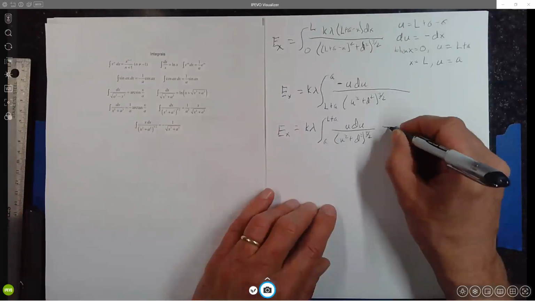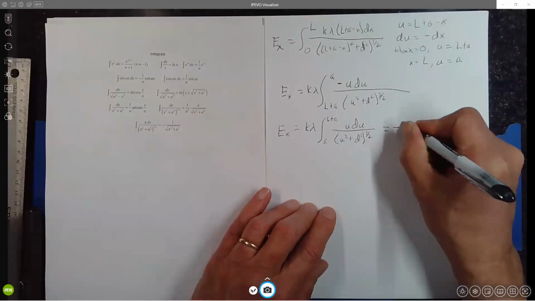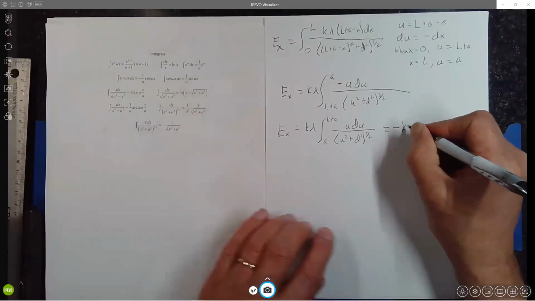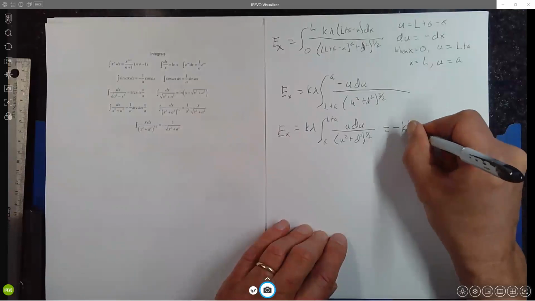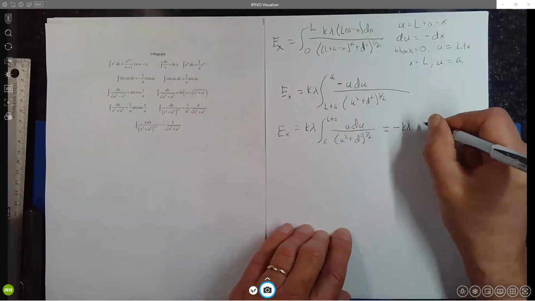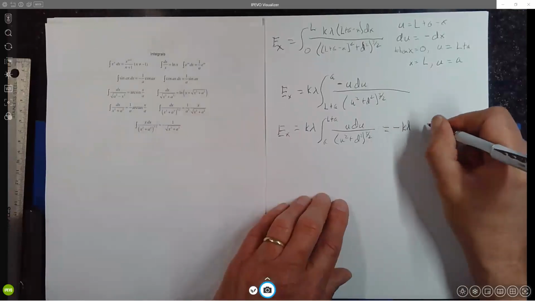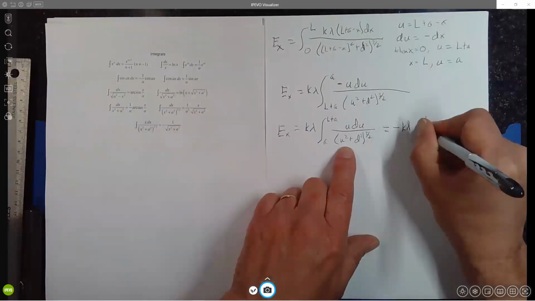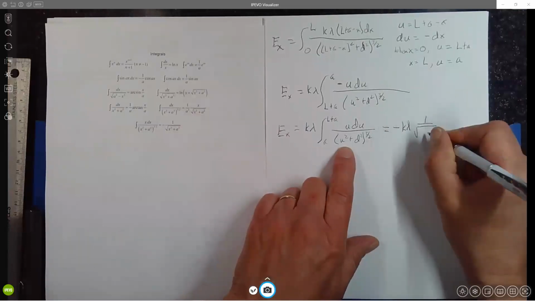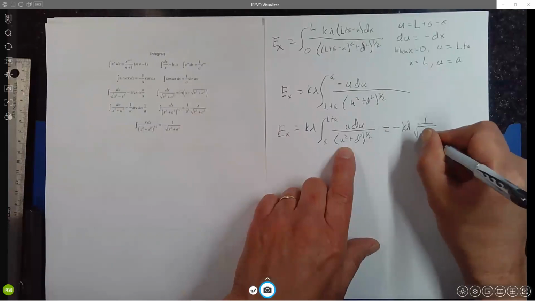So I will have minus, that's the sign that I get here, minus k lambda times 1 over the square root of u squared plus d squared.